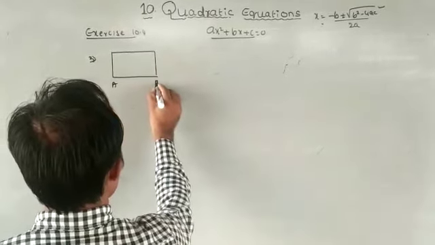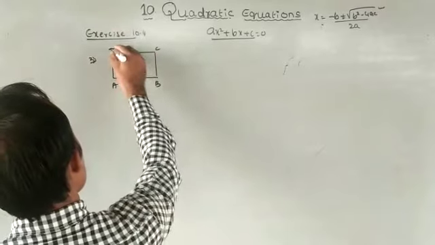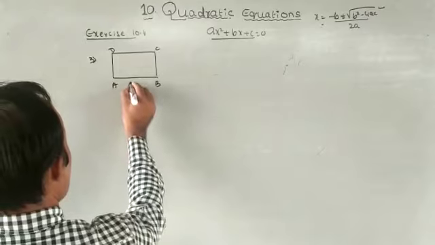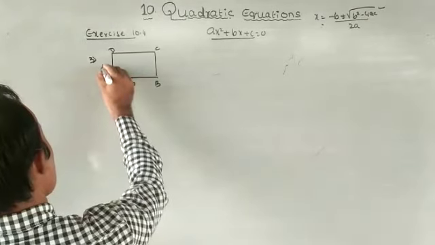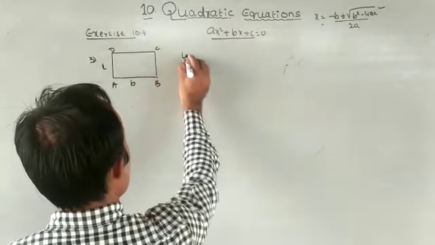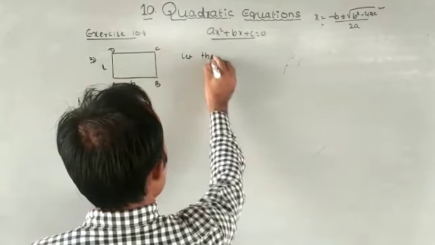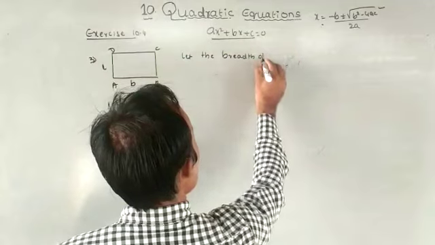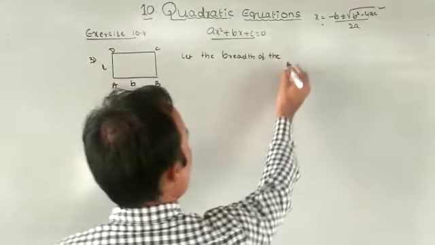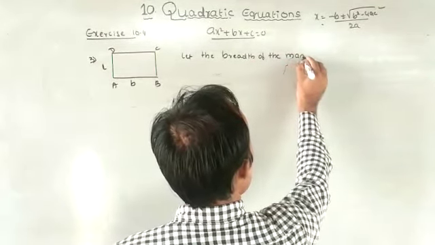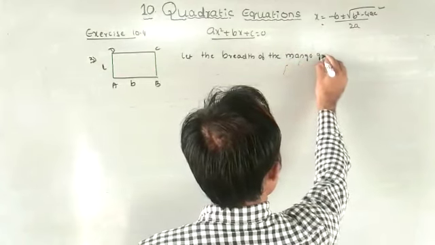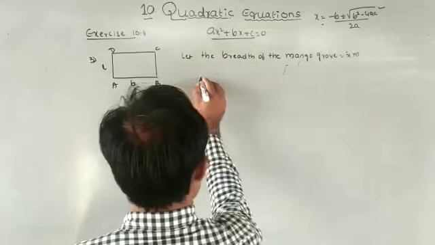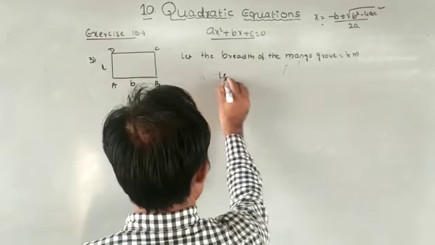ABCD is a mango grove. Yes, this is breadth, this is length. Let the breadth of the mango grove be x meters. And therefore, what about length?